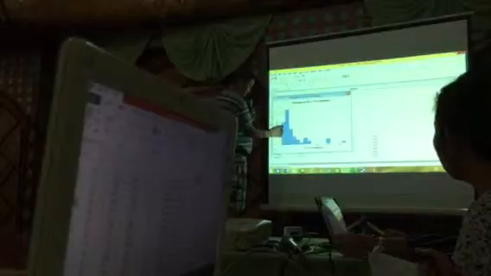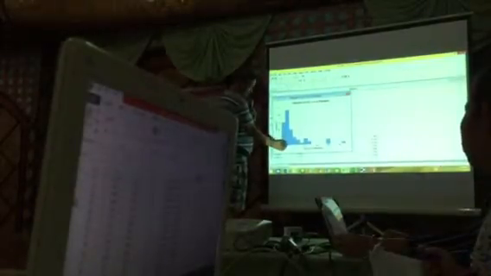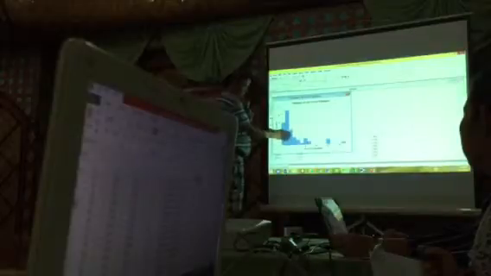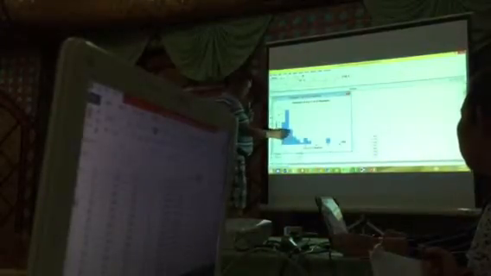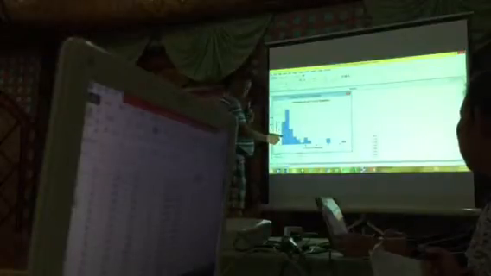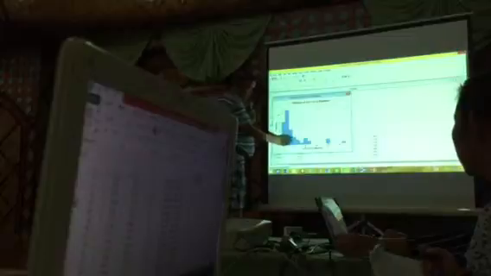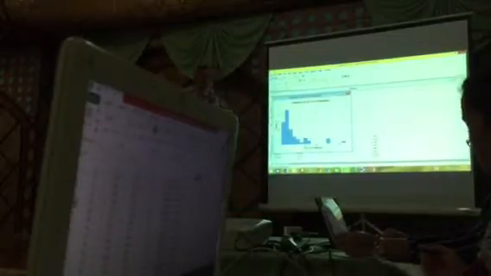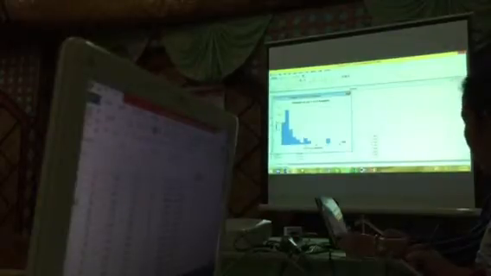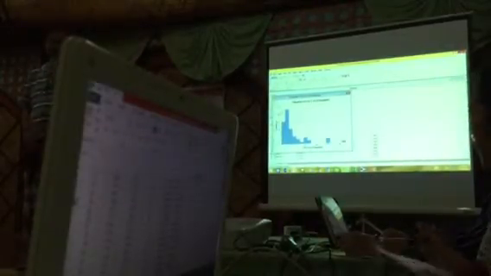Ito isang cluster, ito is another cluster, and then I will probably put another cluster here, but maybe you can just join these two. One cluster, join these two, because anyway the distance is very small. And then cluster all of this. So you'll have 3. So marami ka ng choices, but you're still exploring the same concept.